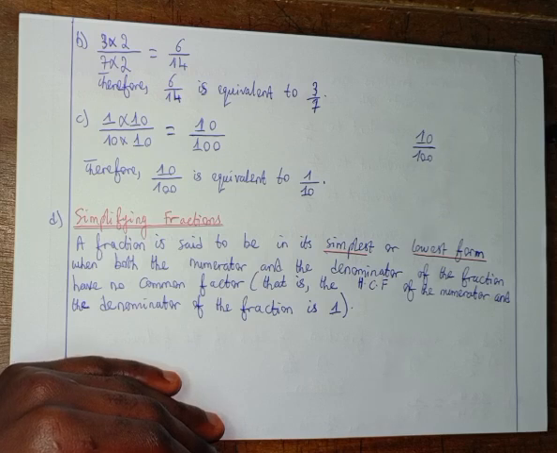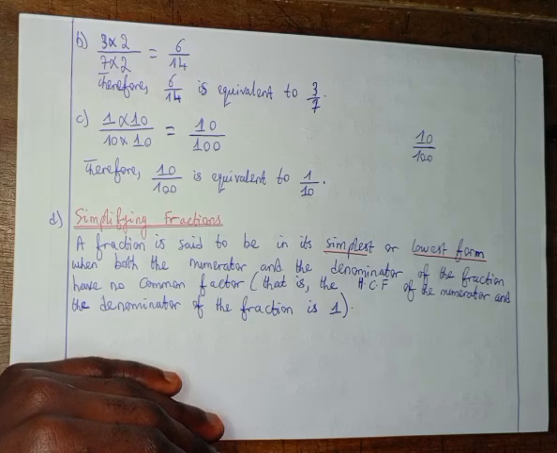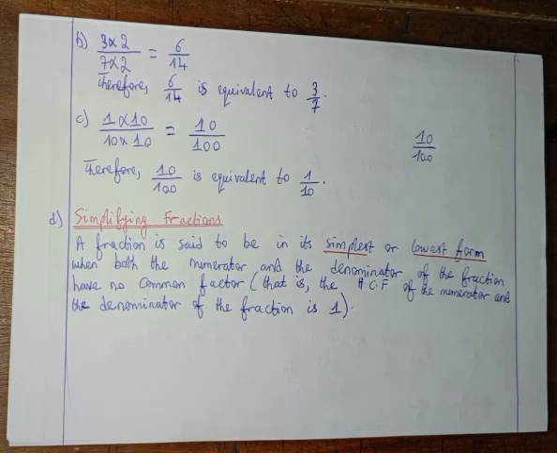When the highest common factor of the numerator and the denominator of any fraction is 1, the fraction is said to be in its simplest form.